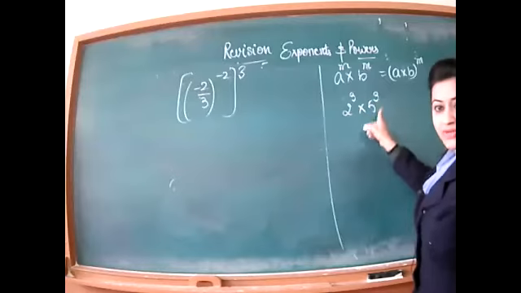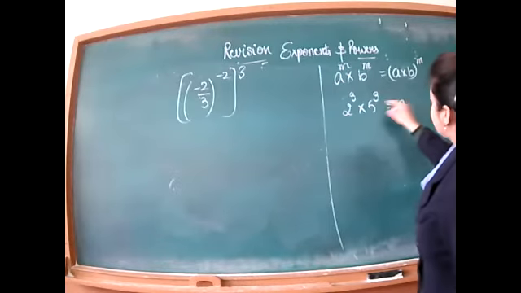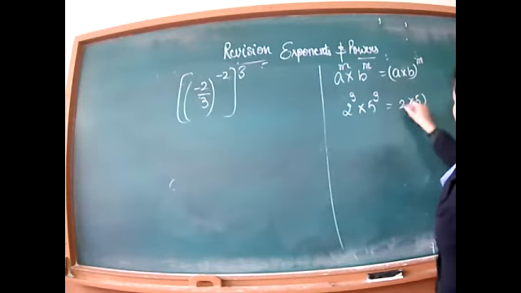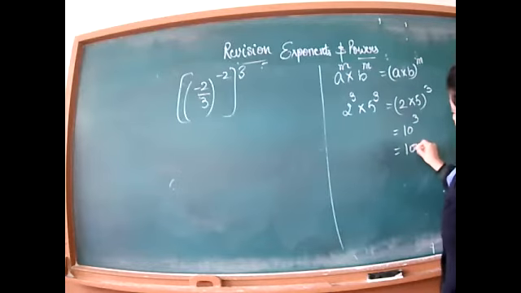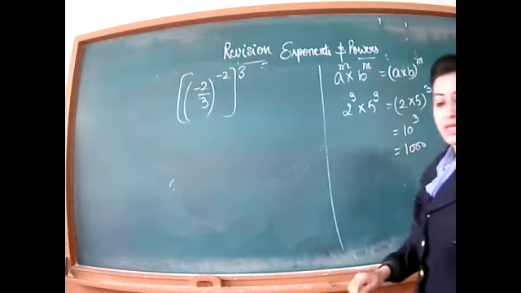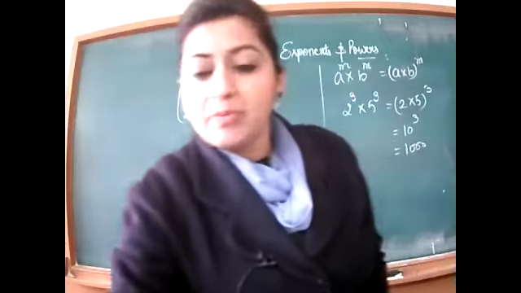2 raised to power 3, 5 raised to power 3. So the answer will be 2 into 5, whole raised to power 3. That is 10 raised to power 3. That is 1000. Okay. Now we are going to start with similar type of questions.